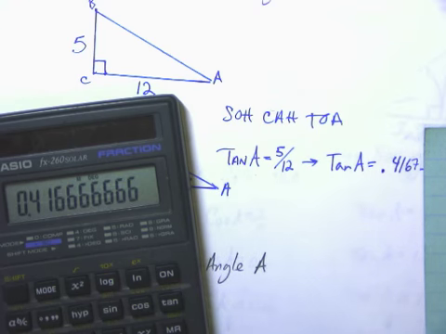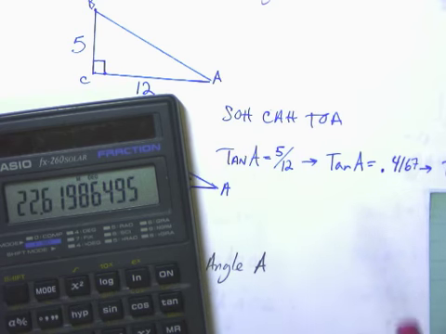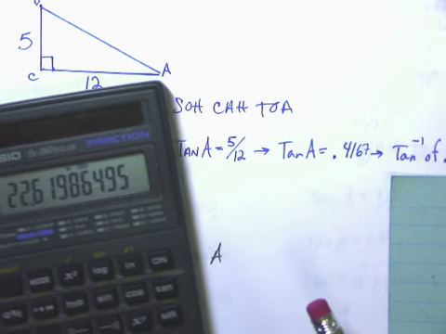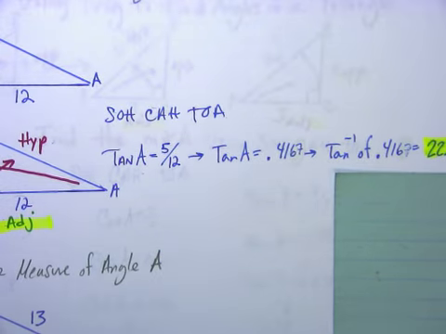So what I'm going to do here is I want to access those inverse functions. So in my calculator, I'm going to hit the shift button. So shift, it activated the inverse function, and now I'm going to hit the tangent button again. And what that gives me is 22.62.